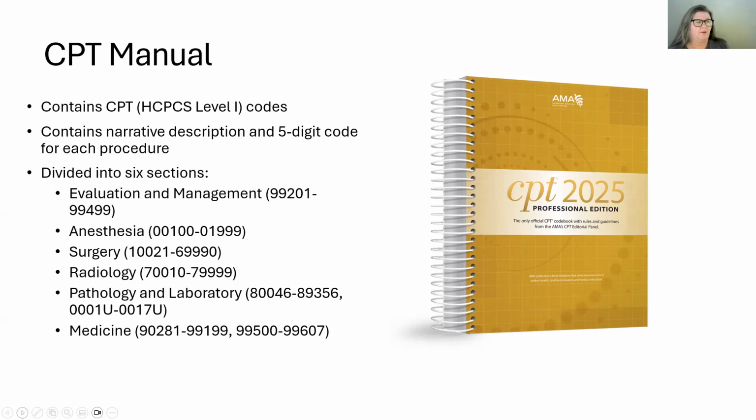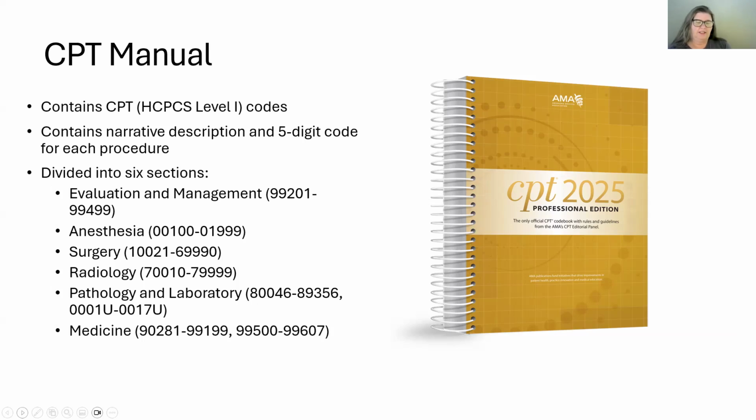You can look them up that way as well. The books are still available every year, and they do update those every year. The CPT manual contains CPT codes and the HCPCS level 1 codes. There is a separate HCPCS book for those additional codes. It contains narrative descriptions and 5-digit codes for each procedure.